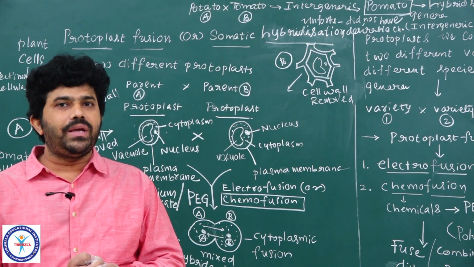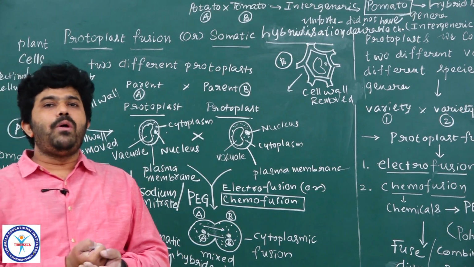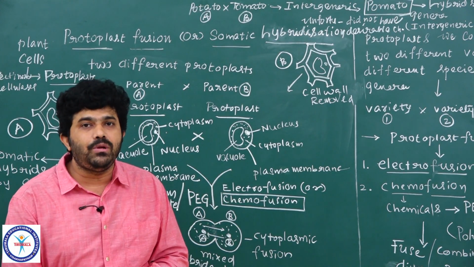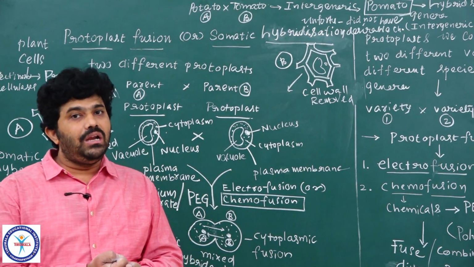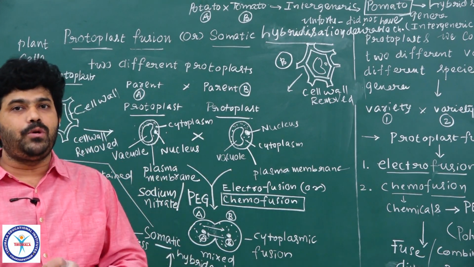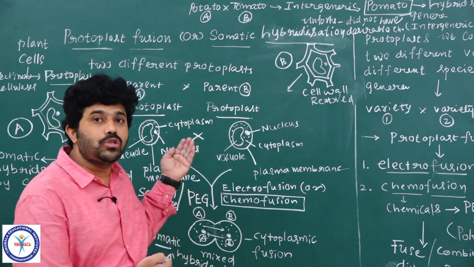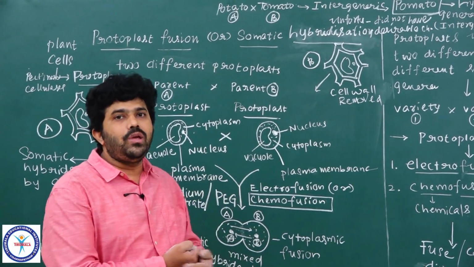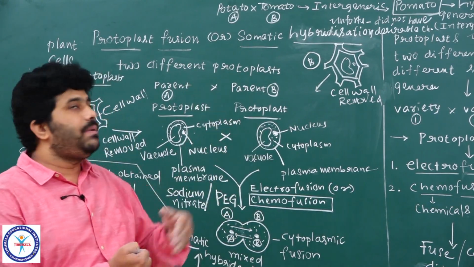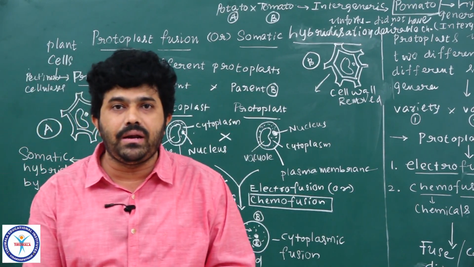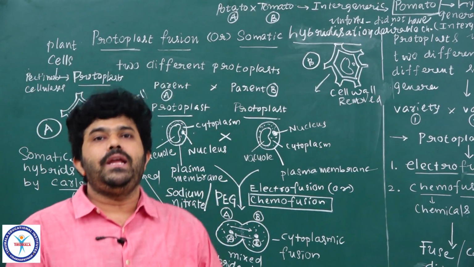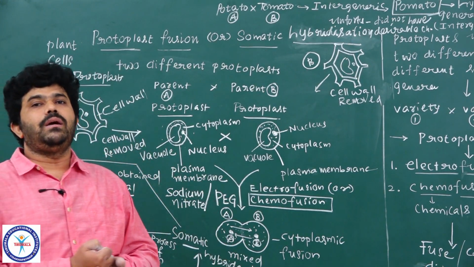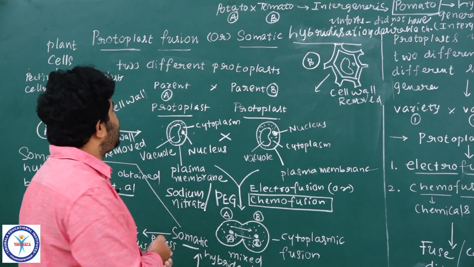From this topic we understood how high yielding varieties of plants are produced using tissue culture and somatic hybridization. Understood students?